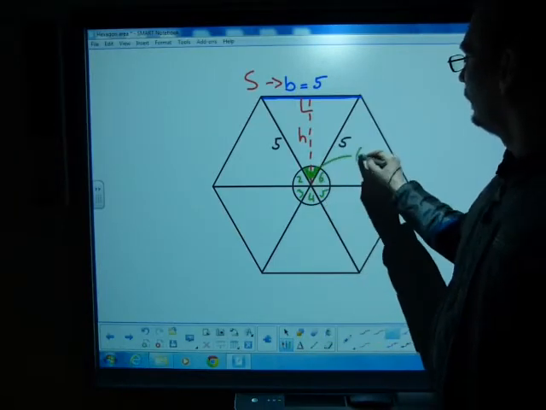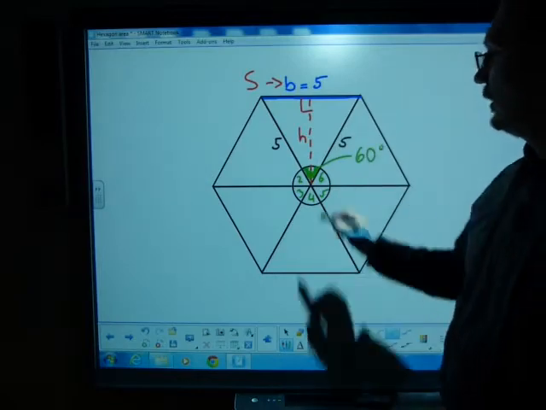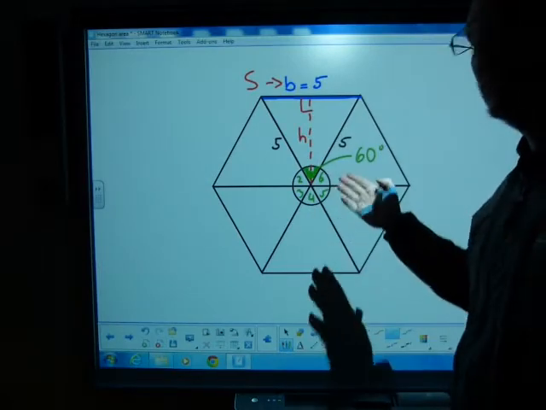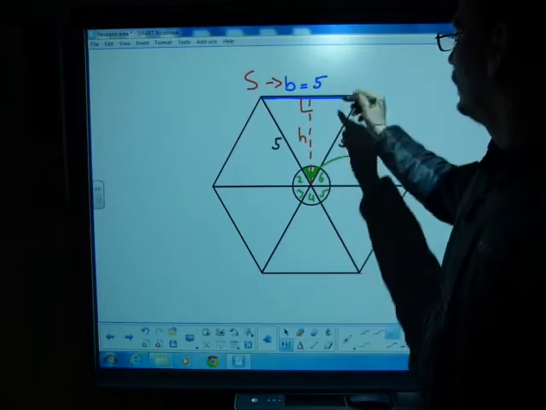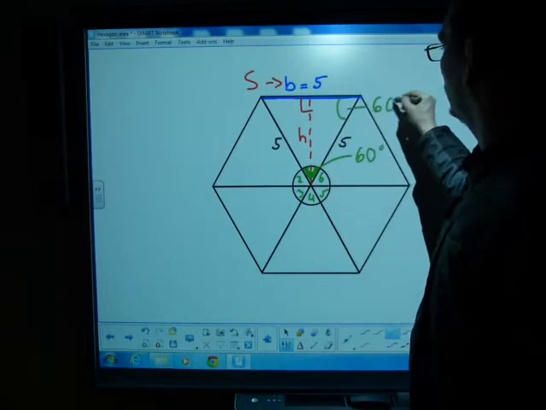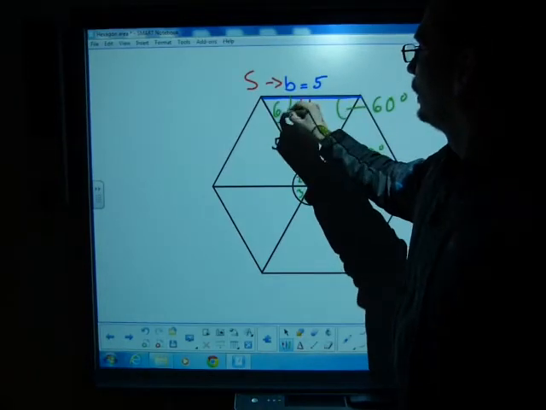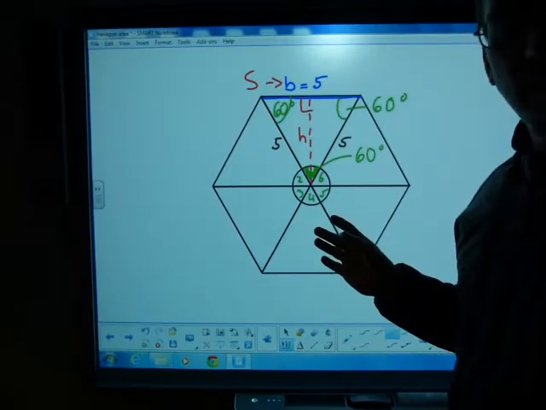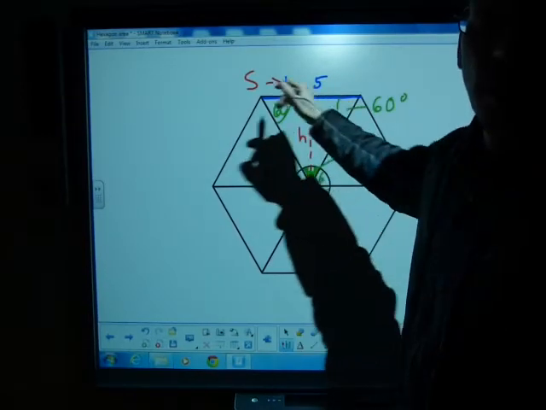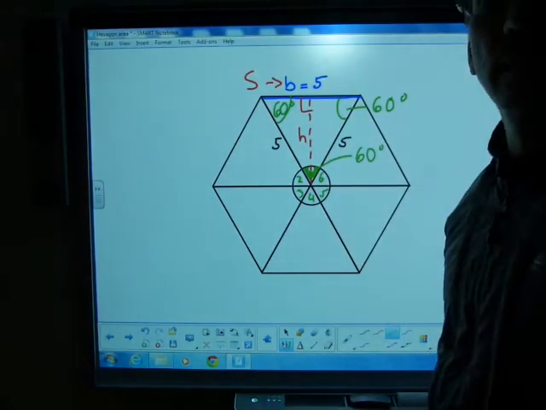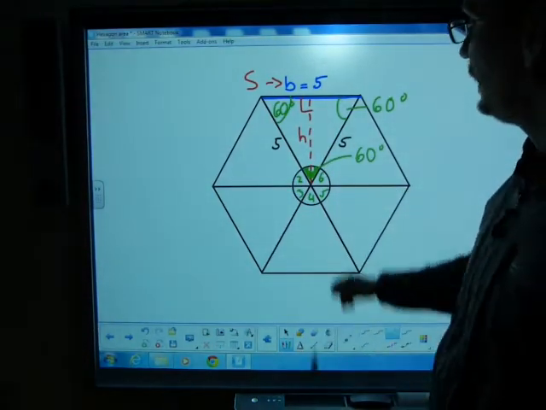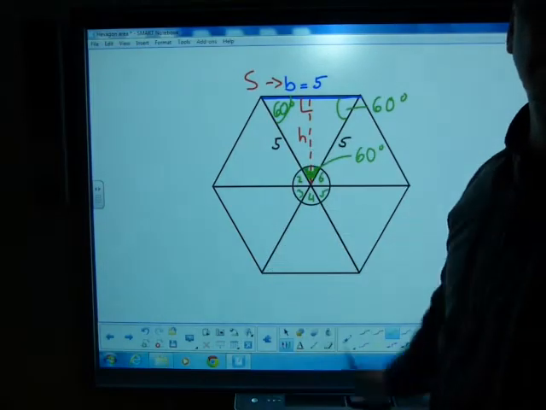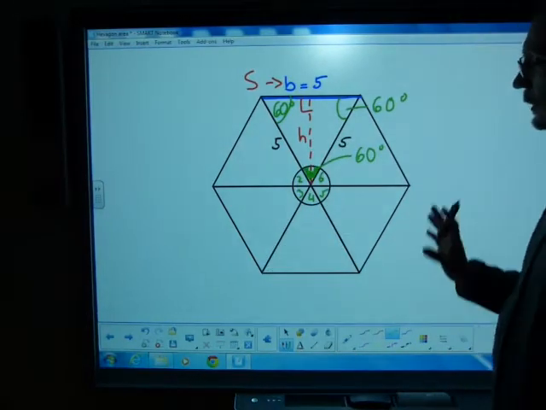So each little triangle has a 60-degree angle, and since this is an equilateral triangle, it is a 60, 60, 60 triangle, because, and I'm not gonna detail why, the sum of the internal angles in any triangle is 180 degrees. 60 plus 60 plus 60 is 180. Just take it from here.